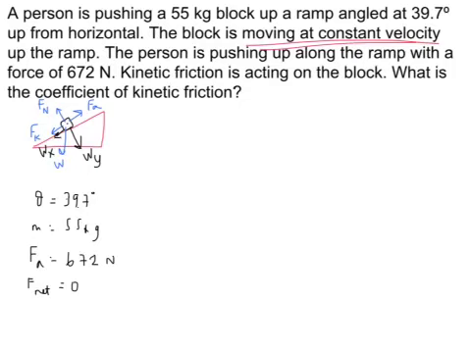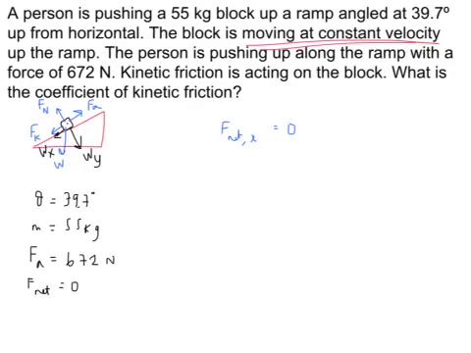Here's how you solve. If the net force is 0, then the net x force is 0. We already knew the net y force is 0 because these two forces cancel out. The block isn't accelerating off the ramp, it's not accelerating into the ramp. So we can almost just ignore those forces altogether. So the only forces we really have to deal with are the x forces, and that net force is 0.